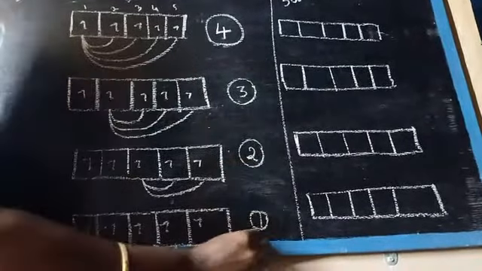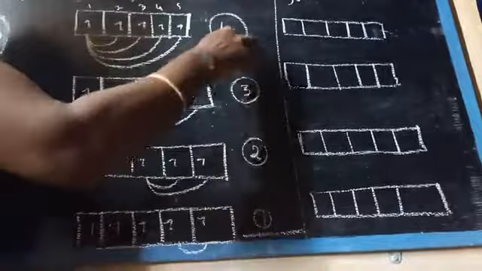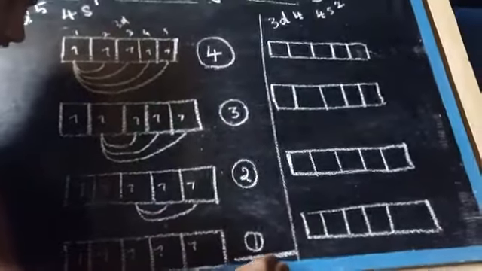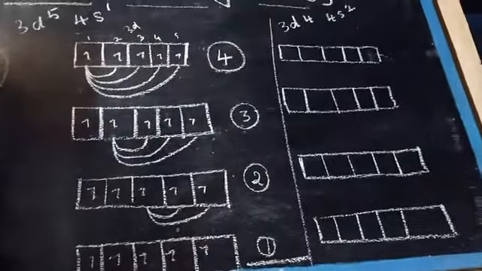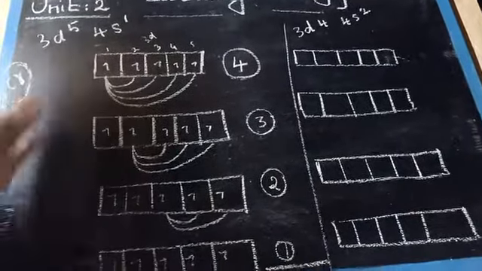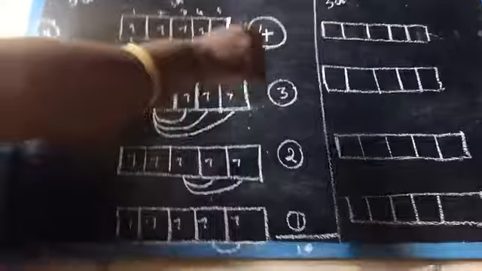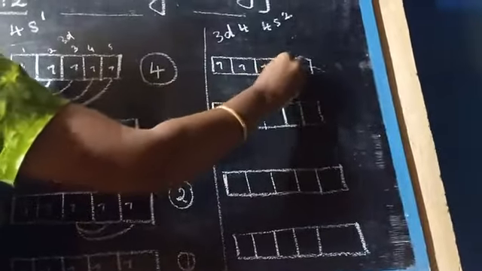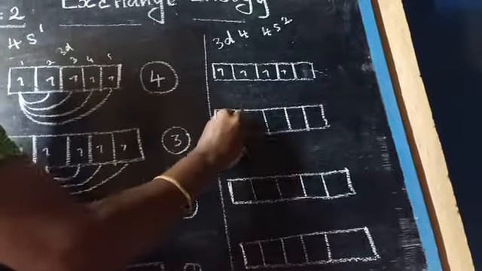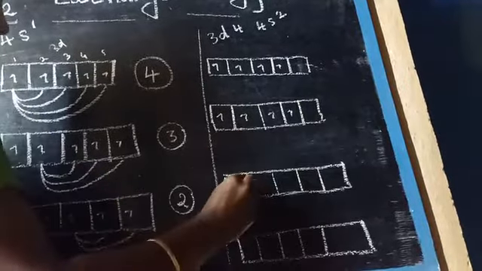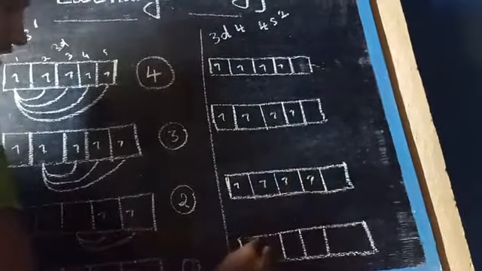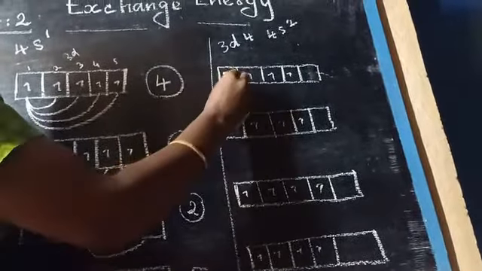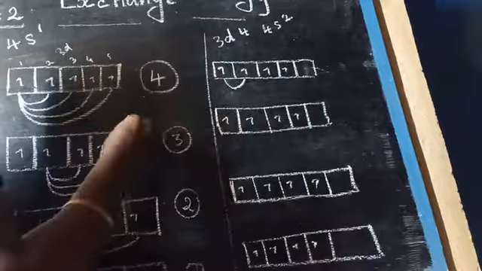Now to calculate the total exchanges: 4 plus 3 is 7, plus 2 is 9, plus 1 is 10. Totally 10 exchanges are possible in the 3d5 4s1 configuration. Now come to 3d4: 1, 2, 3, 4. Now this electron is exchanged to the next one.